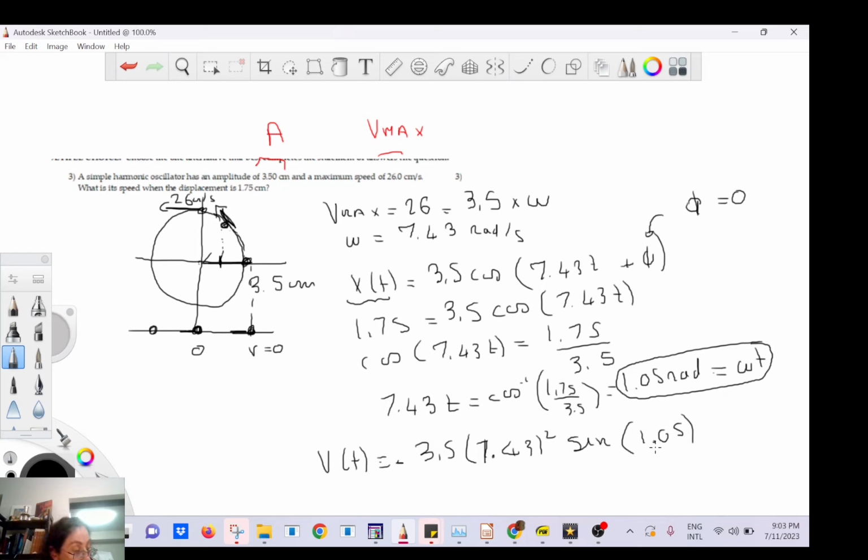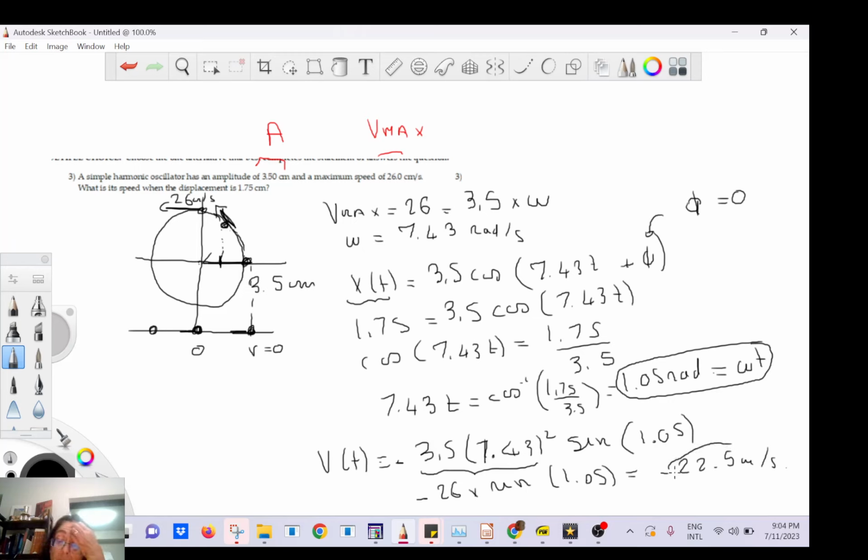Okay, did I do it right? So all that should be the maximum, which is 26, so I didn't need to do that. So 26 times sine 1.05, and you get minus 22.5 centimeter per second.